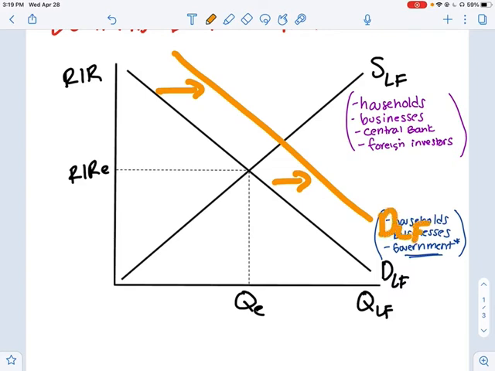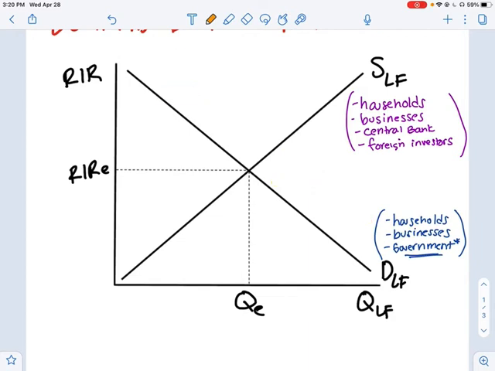We're going to see higher interest rates in the US. When businesses borrow more money, we're going to see higher interest rates. When the government engages in borrowing money, we're going to see higher interest rates. So those were shifts to the right. Those were increases.